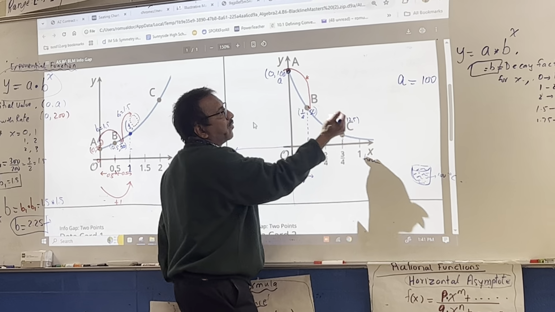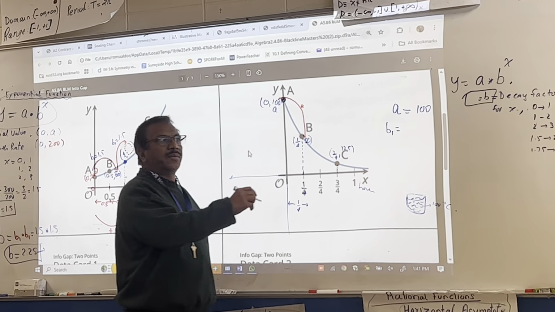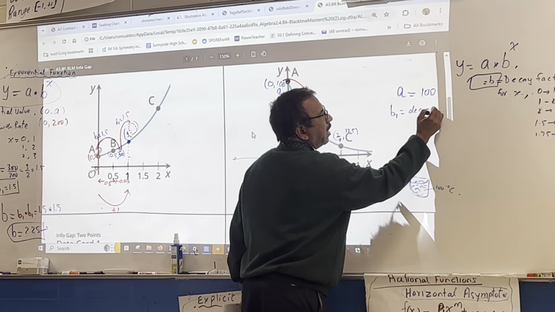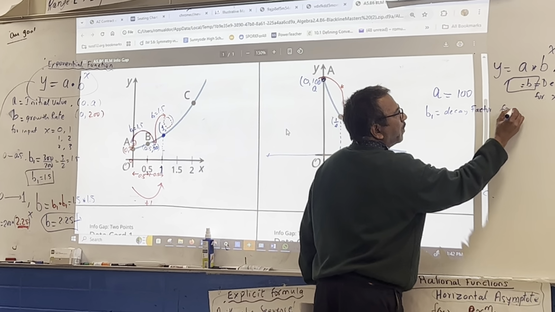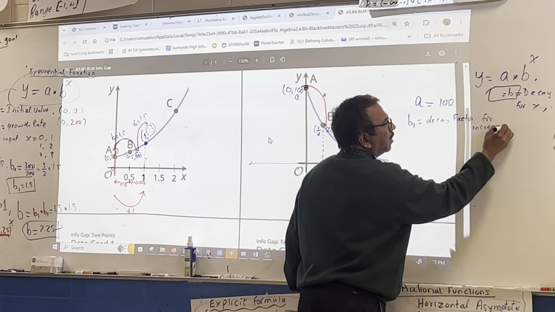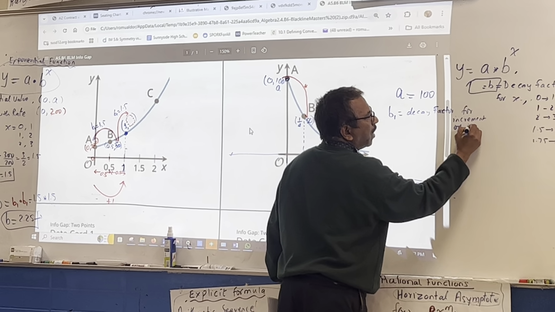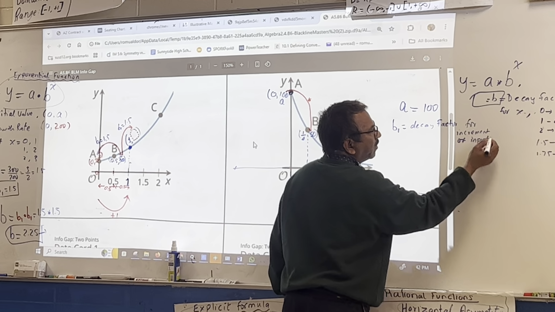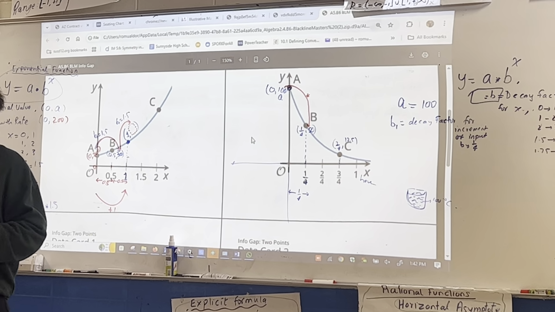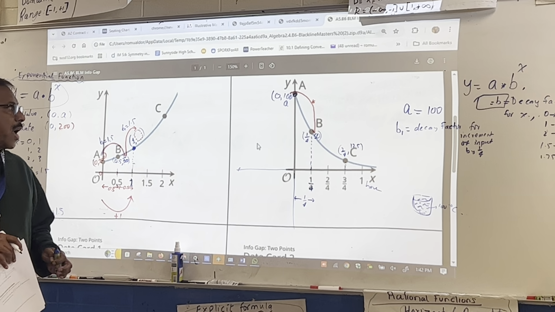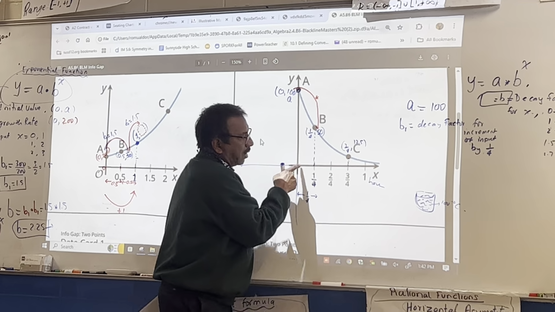So from 100 to 50, let's call this B1, small, which is the decay factor for an increment of the input, the x, by 1/4. So every time the input goes up by 1/4, which means every 15 minutes.